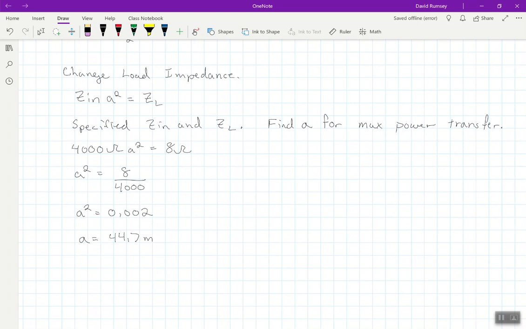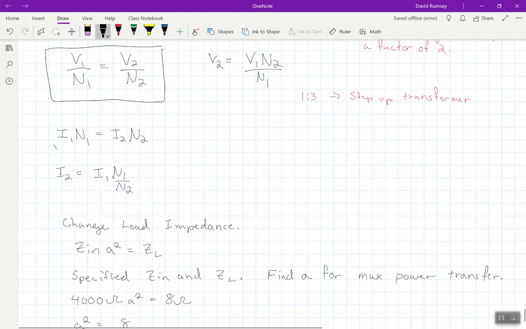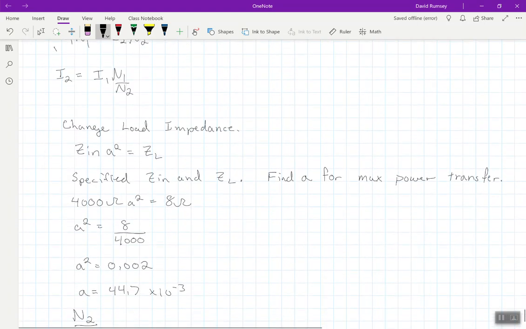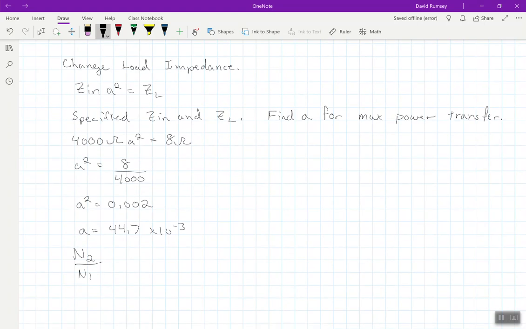milli. There are no units for A, so writing milli gets a little confusing, since you might think that's meters. Let's write it in scientific notation, times 10 to the negative third. So if we're thinking about what my turn ratio should be, we had that N2 over N1 is equal to A. So N2 over N1 is equal to 44.7 times 10 to the negative 3.